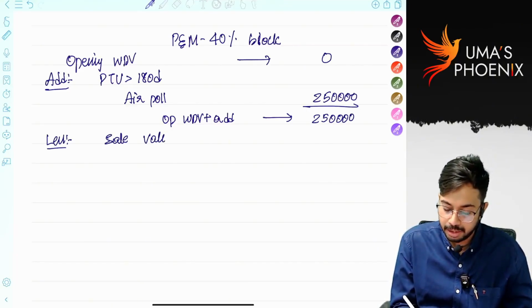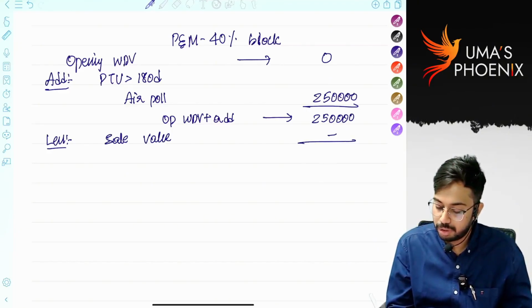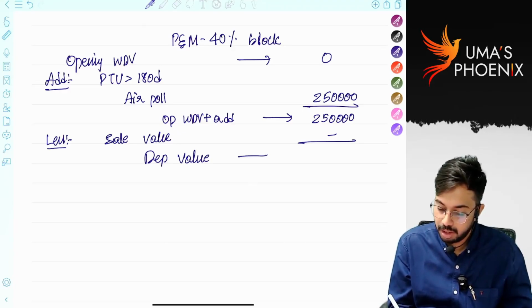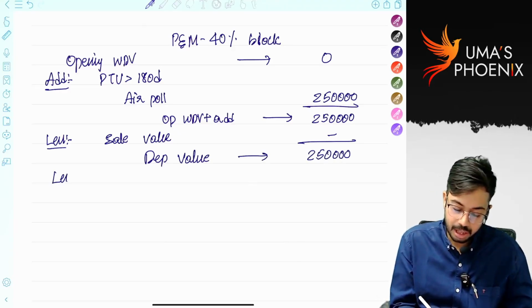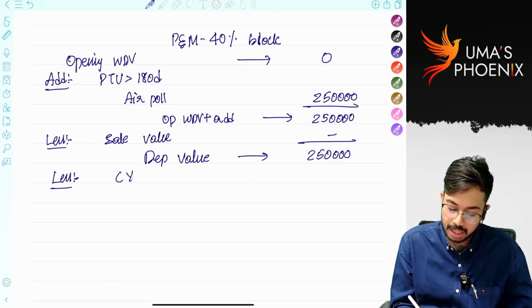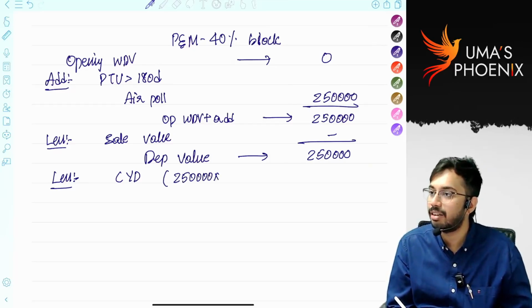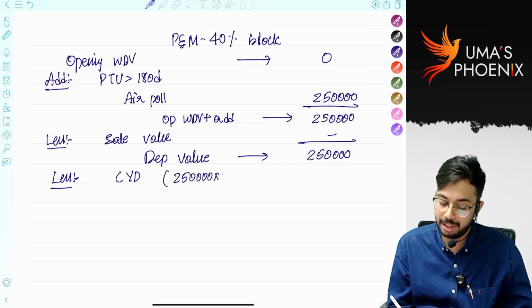Are there any assets sold? No. So the depreciable value is 2,50,000. From this we need to reduce current year depreciation as well as additional depreciation. Current year depreciation is 2,50,000 into 40%. How much? 1 lakh.